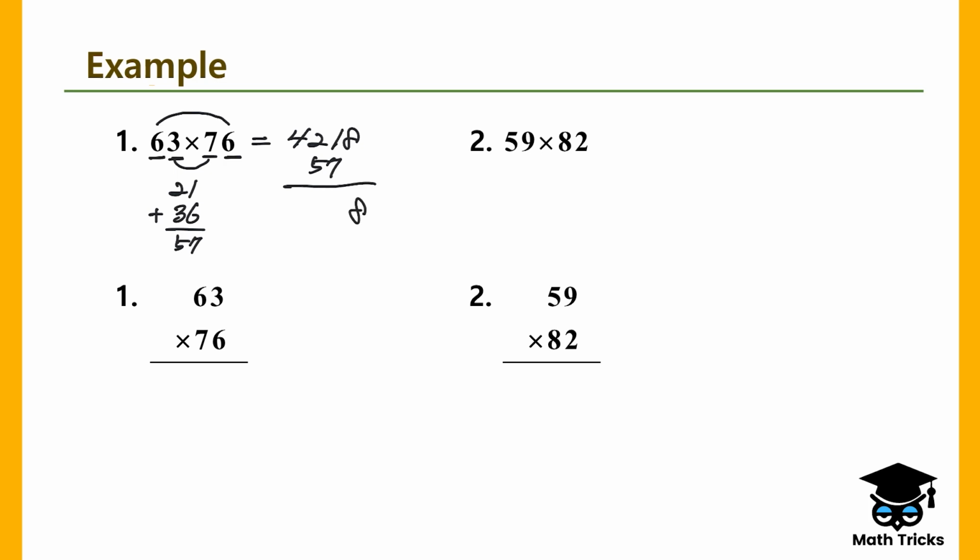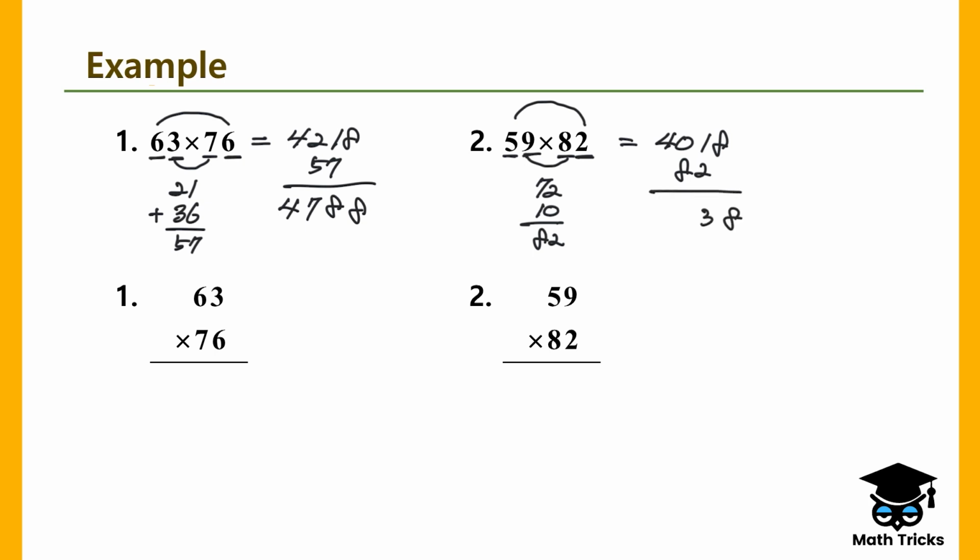Add them together, 8, 8, 7, 4. Okay, here, 5 times 8, that's 40. 9, 2 times 9, 18. Inside 2, 72. 2 times 5, 10. So that's 82. Write 82. 8, 3, 8, 4.